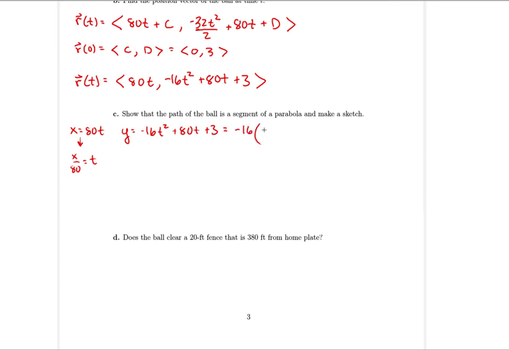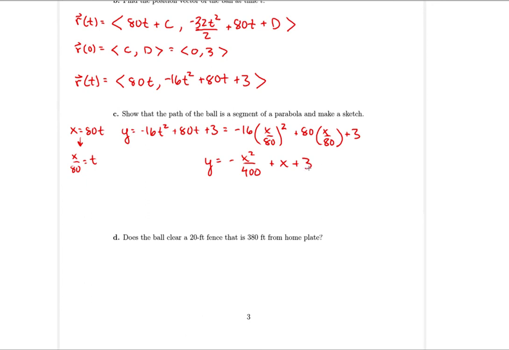So negative 16 times x over 80 squared, plus 80 times x over 80, plus 3. And so that means that the y simplifies down to, we can do a little bit of simplifying here, and get negative x squared over 400 plus x plus 3.